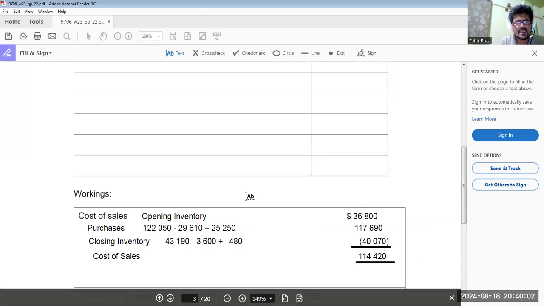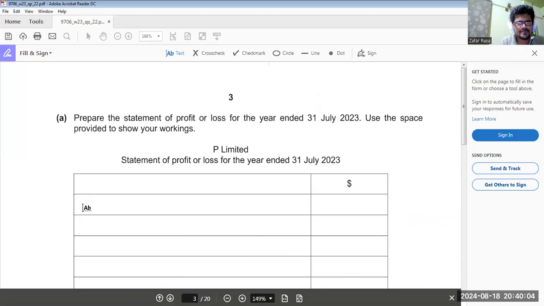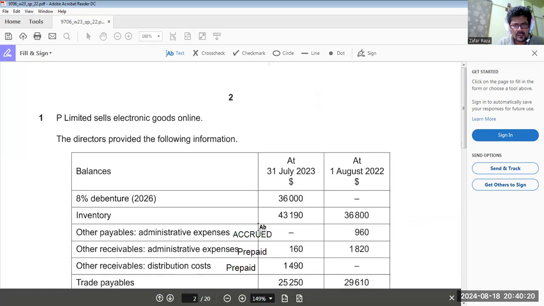Okay. Now we can start easily our income statement, profit and loss statement, or income statement. Revenue.